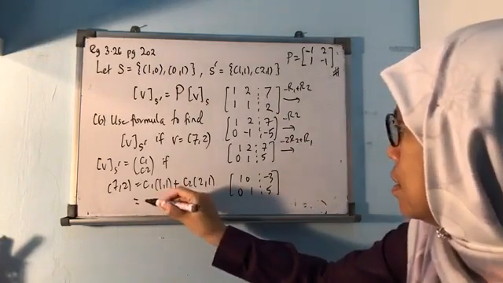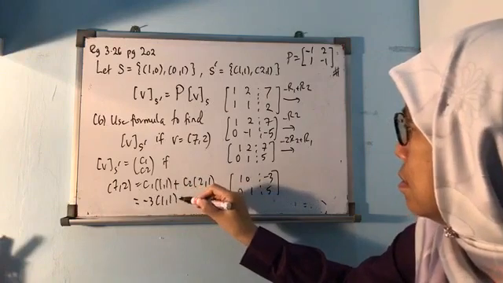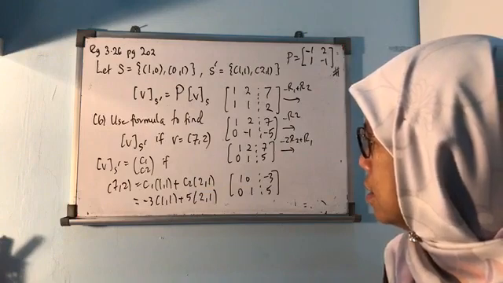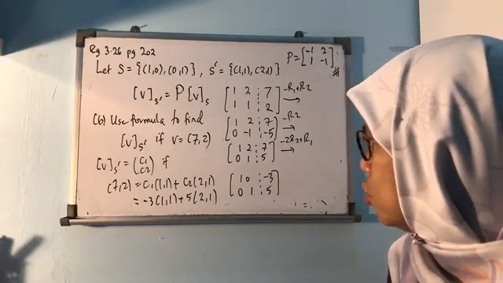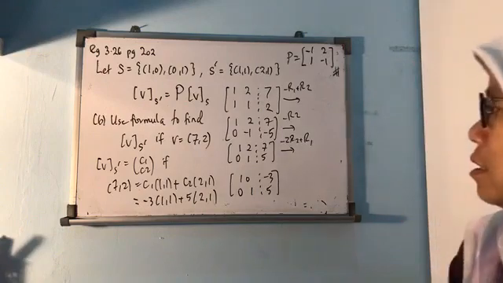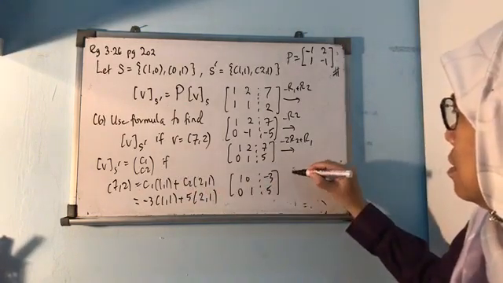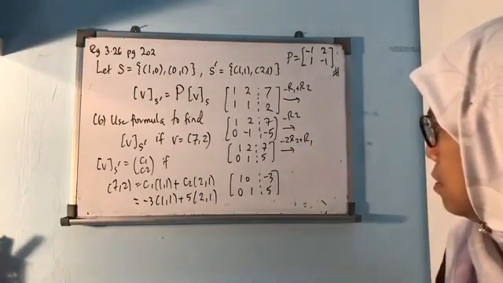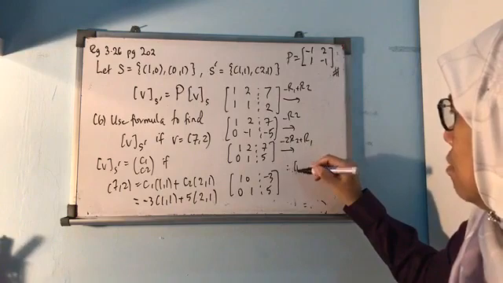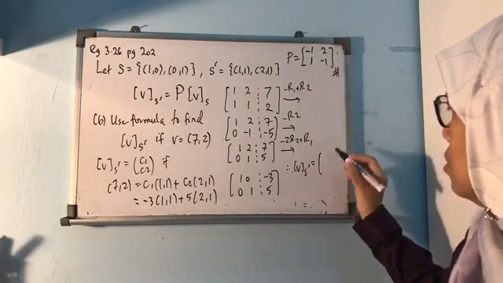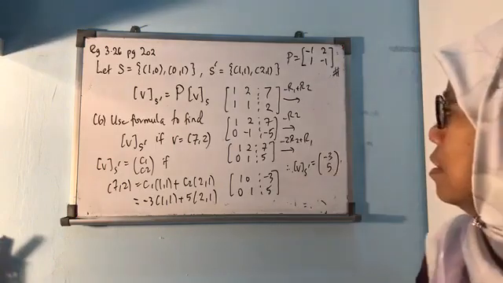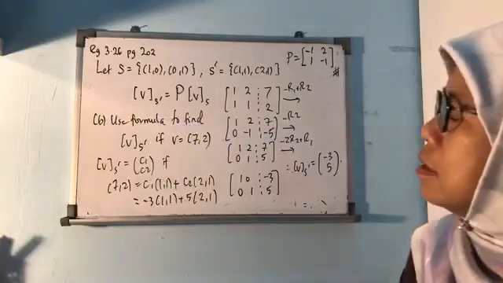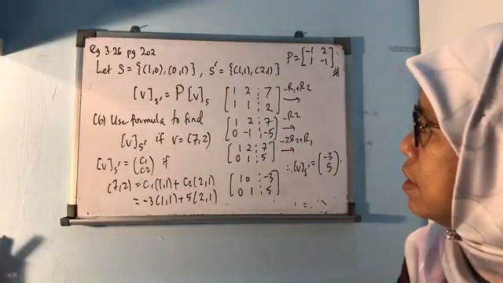So you can check if this is right. You get 7, 2. Okay, so the answer is Vs prime is equal to negative 3, 5. But they want us to find it using the formula.